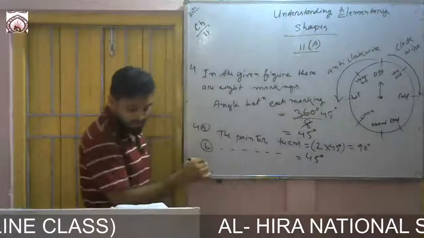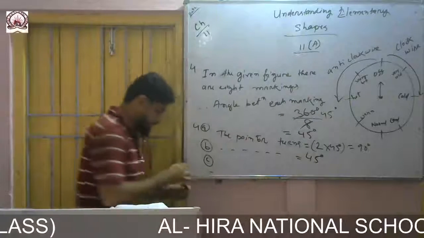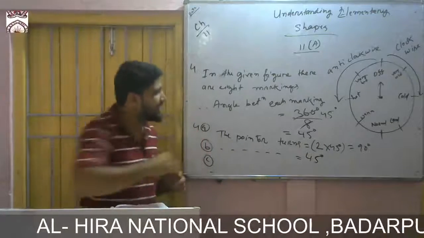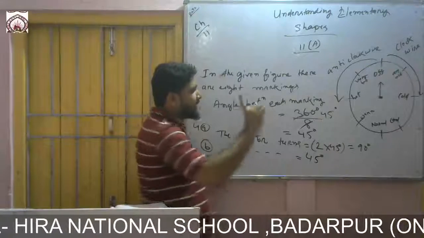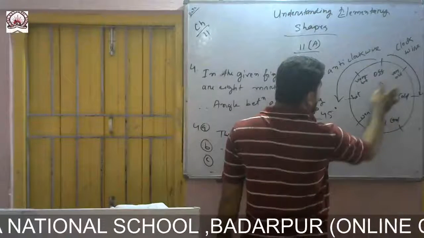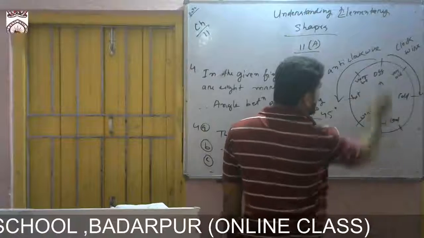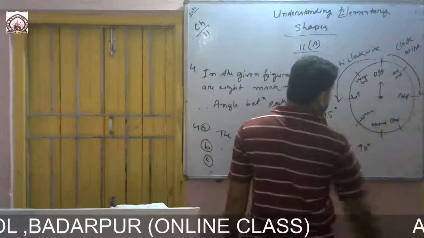Okay. Now number C. Clockwise from very hot to cool. Very hot to cool. So how many markings do you see? 1, 2, 3, 4 markings.